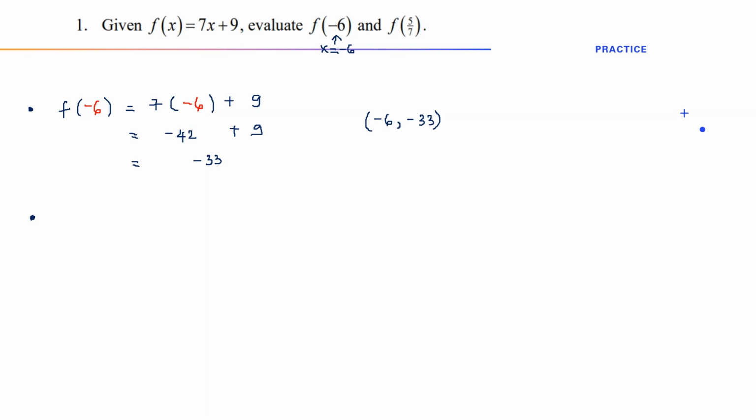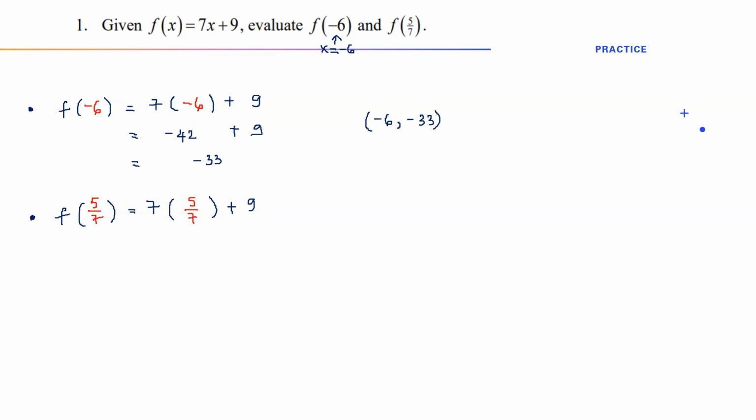So the next one is still f of x, right? So f of x equals 7( ) plus 9. Whenever I see x, I replace it with a parenthesis, so we leave it blank to plug in the x value so we don't forget it. So that is 5 over 7.